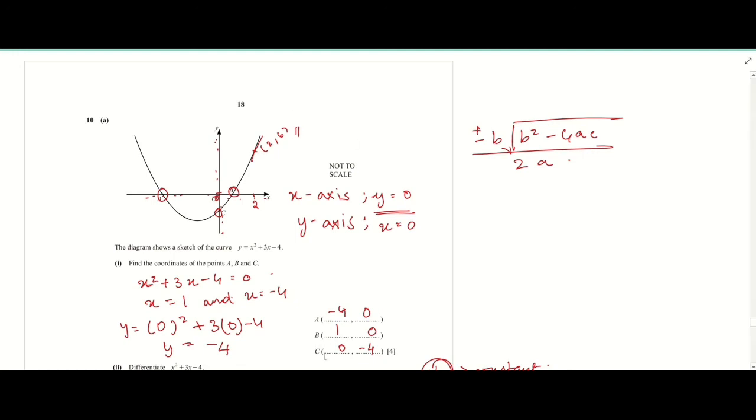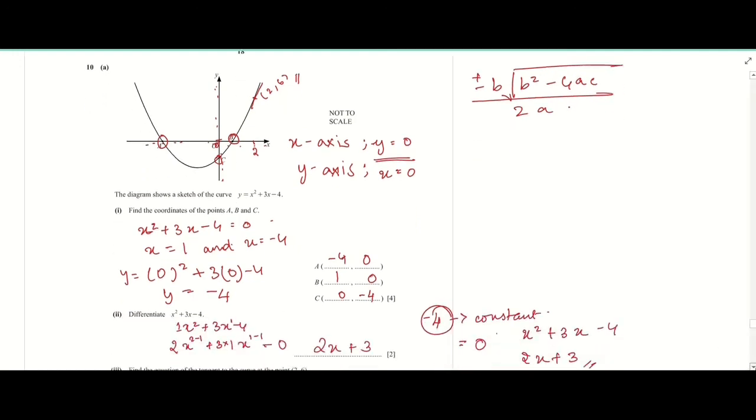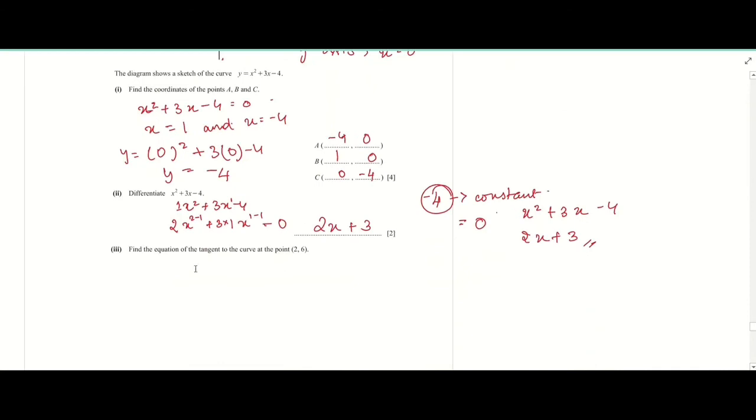We're supposed to find the equation of the tangent to the curve at point 2, 6. The tangent is basically a straight line.